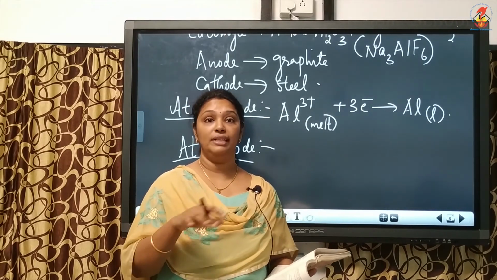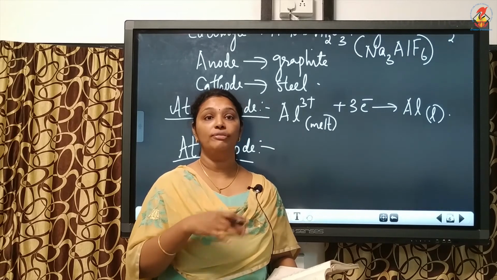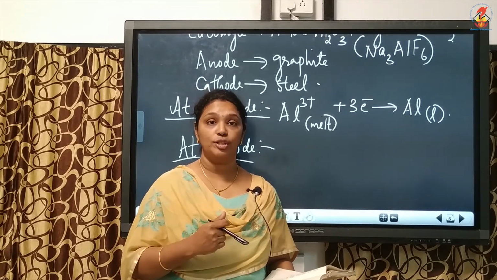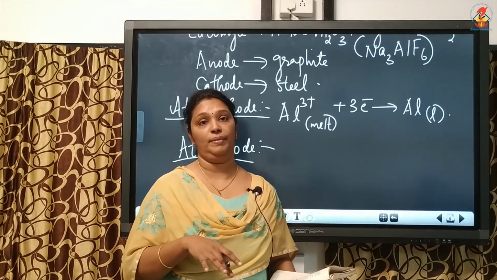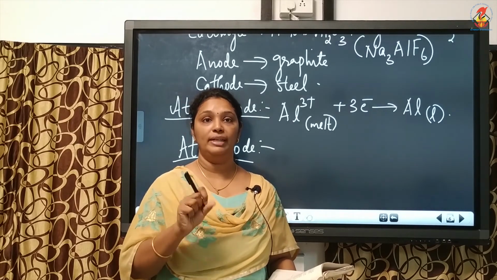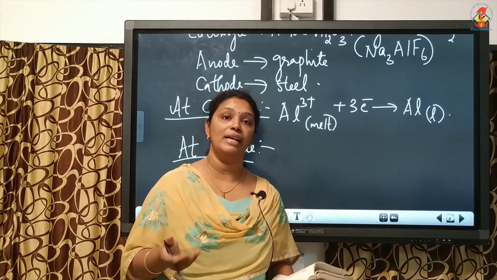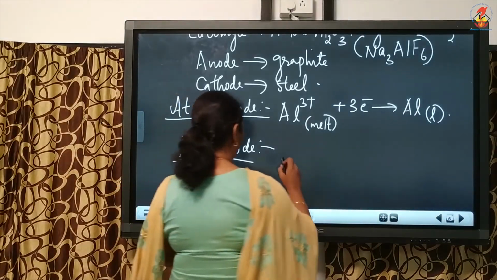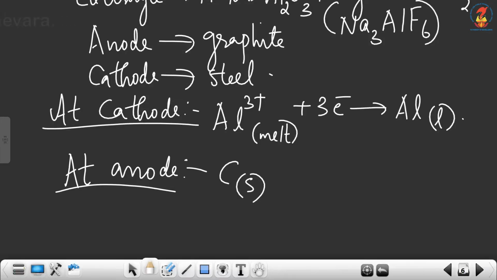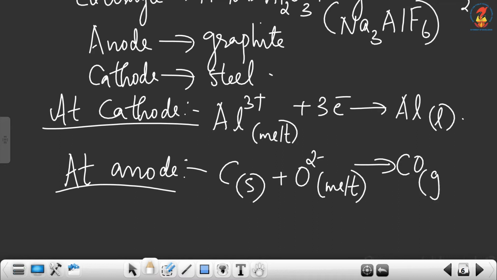So during this electrolysis of alumina, we have to replace anode from time to time because anode is being used up. That carbon anode will combine with oxygen and it is removed as carbon dioxide. So the reaction at anode will be carbon, that is the electrode anode, plus oxide ion O2- from the melt will give carbon monoxide gas plus 2 electrons.